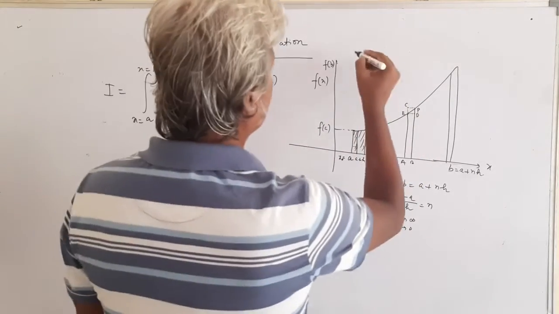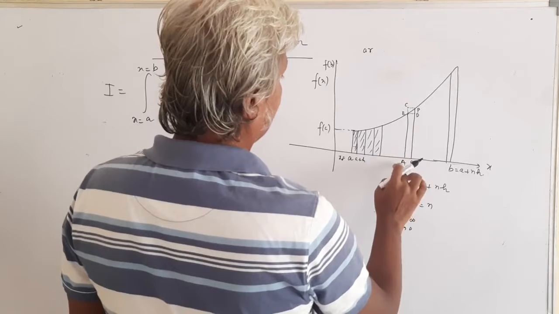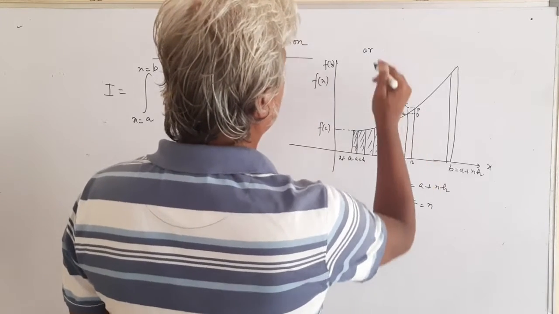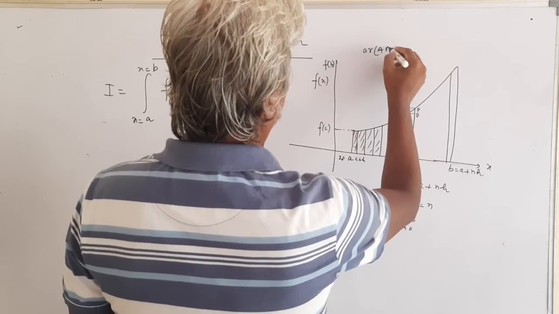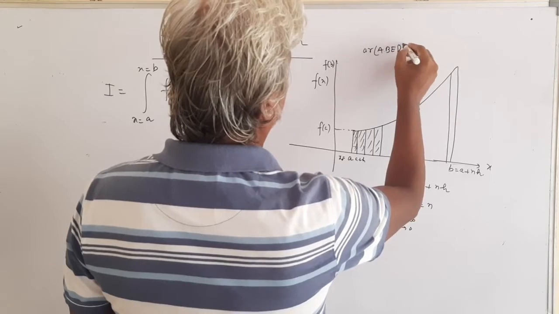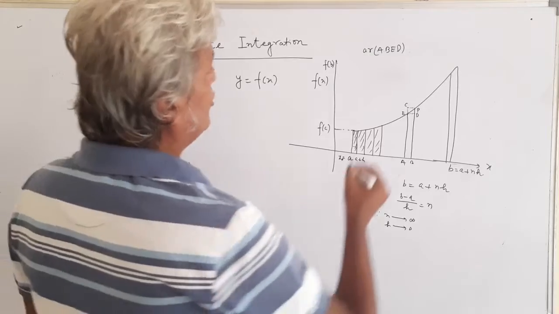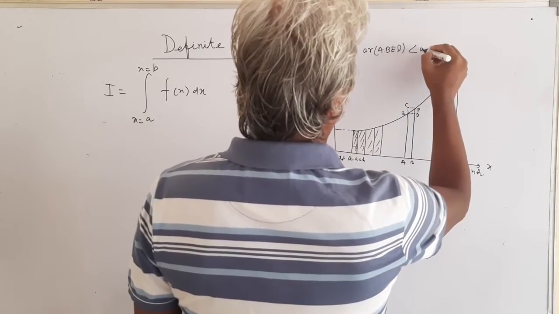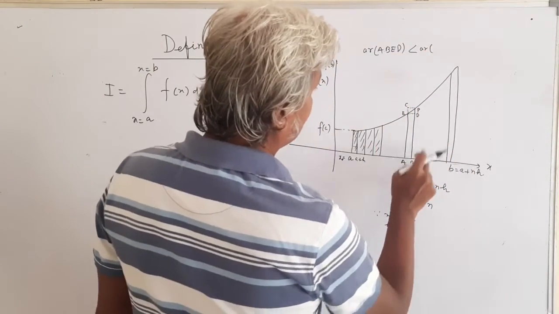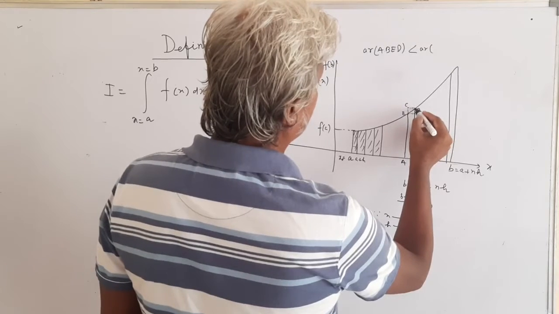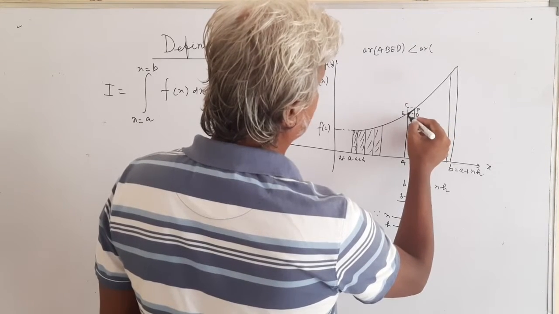So the area of the smaller rectangle ABED will be more than the area of ABPE, meaning this part.